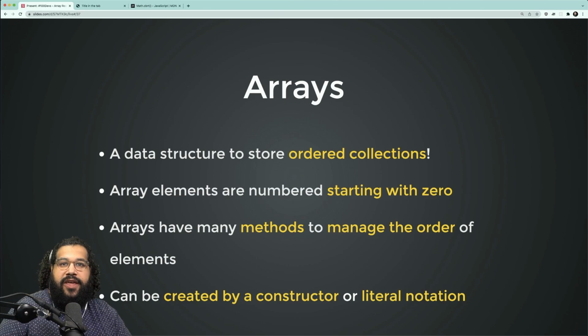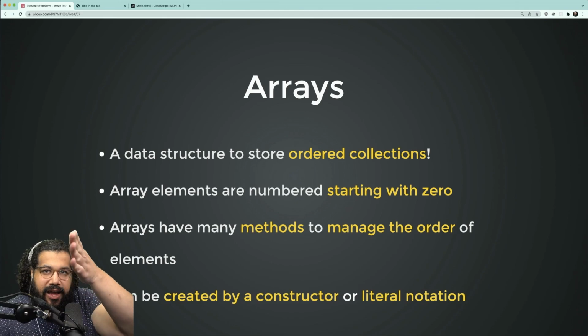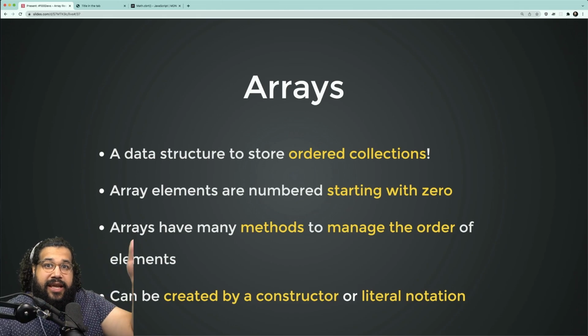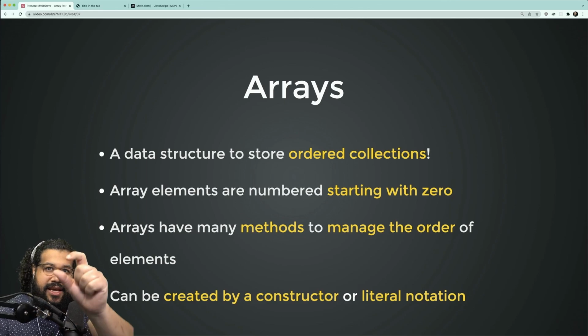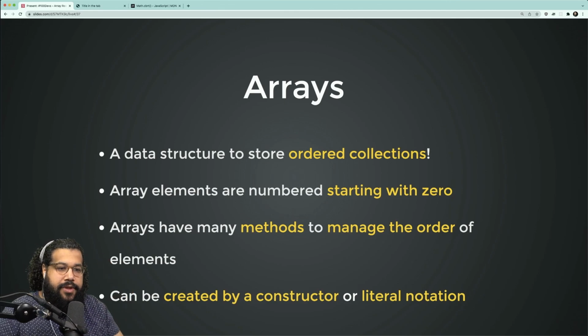That's the beautiful thing. Each slot of our toaster has elements in it, but we start counting those slots at 0, right? And the beautiful thing about arrays is there are a lot of methods built into JavaScript, a lot of functions that come with JavaScript that make working with arrays really fun.